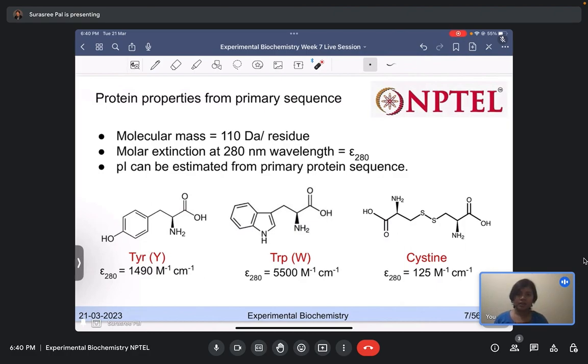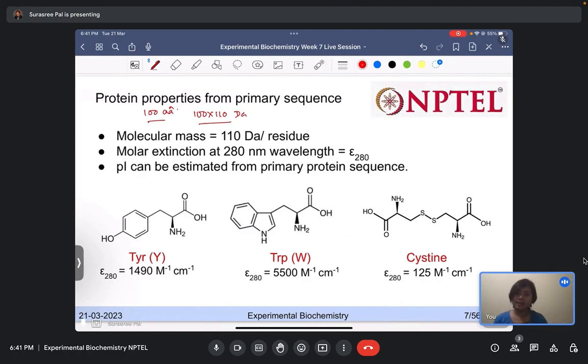Approximately, per residue molecular mass is considered as 110 Dalton, which is the average molecular mass of one amino acid residue. So suppose our protein has 100 amino acid residues, then what will be the molecular mass? 100 into 110 Dalton. That will give us the average molecular mass of the protein.